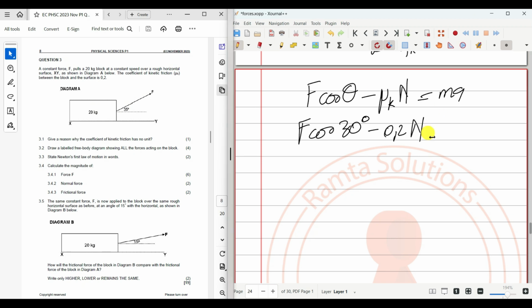Now, they said it's moving at a constant speed, so it means the acceleration will be 0. Okay, so let's see now.